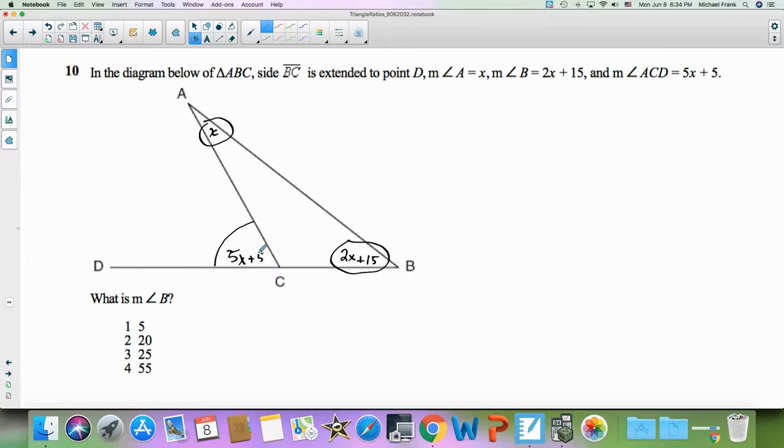Well, there is a formula that says if you take the two remote interior angles, the x plus the 2x plus 15, and add them, you're going to get the exterior angle, which is 5x plus 5. I didn't teach that to you, but I put these here anyway.